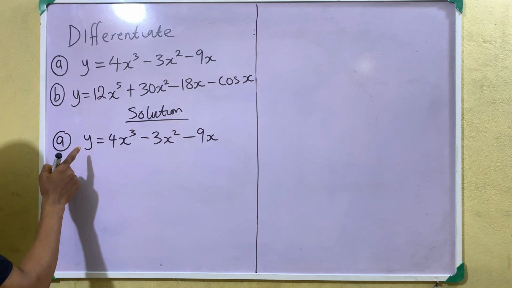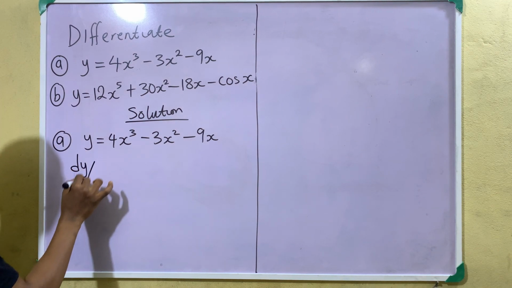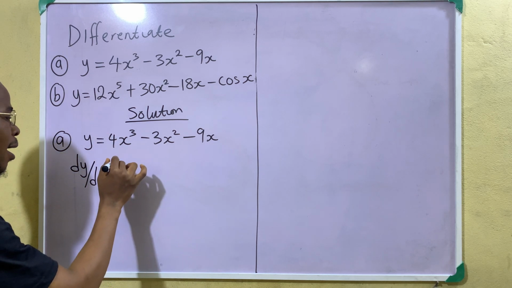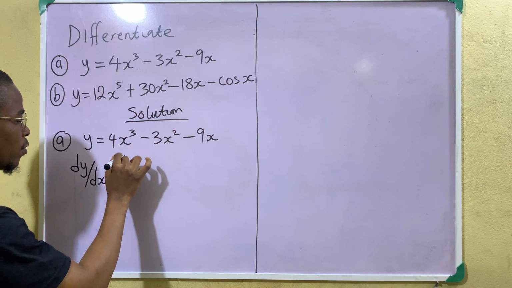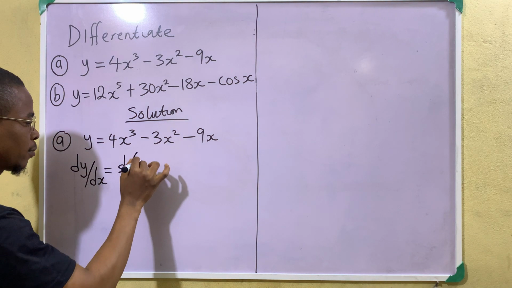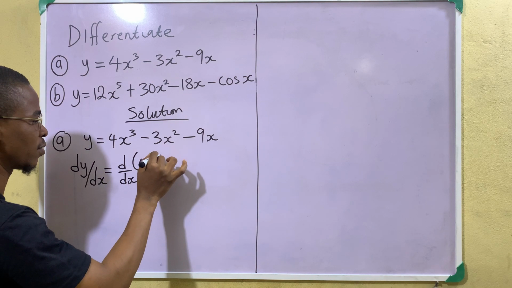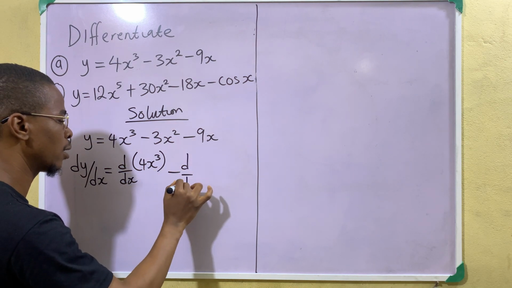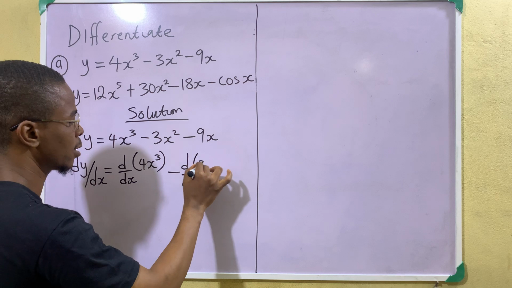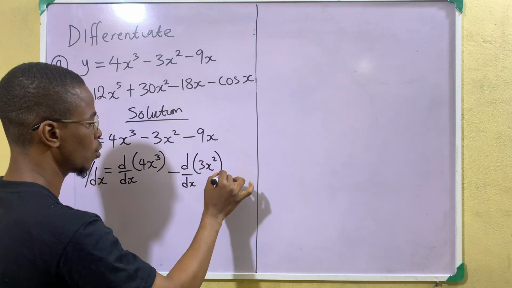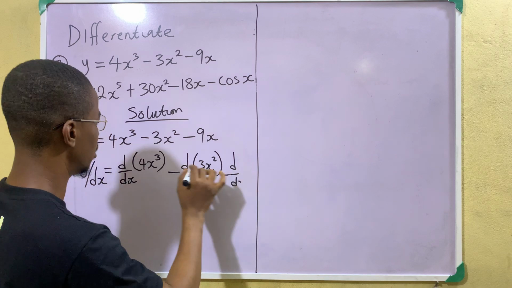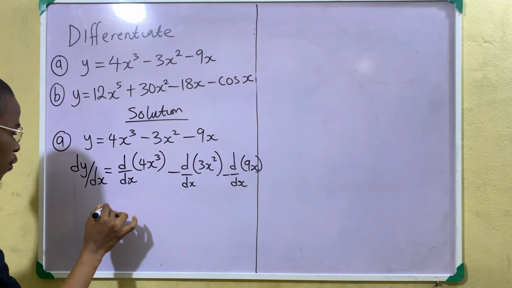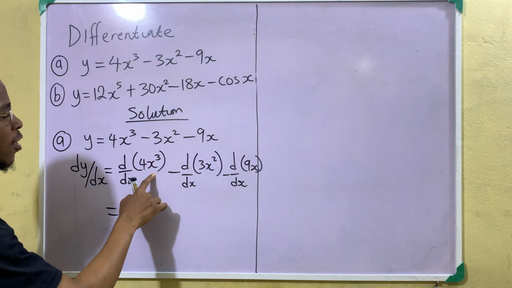So if we want to differentiate y, that will be dy/dx equal to, we are going to differentiate this as a single derivative, which is d/dx in brackets 4x raised to the power 3, that's the first one, minus d/dx bracket 3x raised to the power 2 minus d/dx bracket 9x. That means we're going to find the derivative of 4x raised to the power 3.